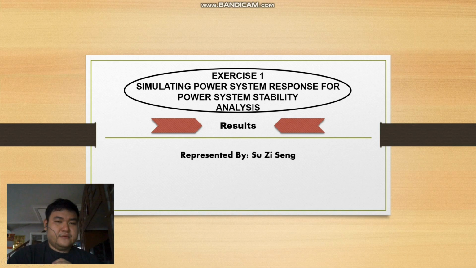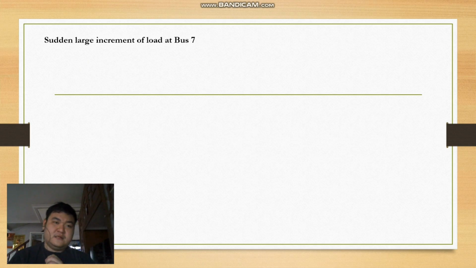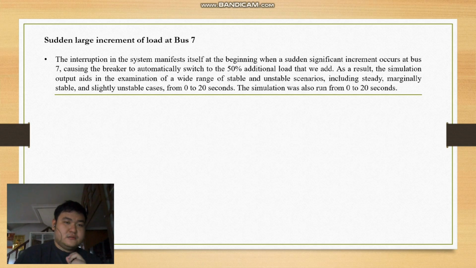Now, let me continue with the results for our exercise 1. The first one is a certain large increment of load at bus 7. The interaction in the system manifests itself at the beginning, and a certain significant increment occurs at bus 7, causing the breaker to automatically switch to the 50% additional load that we add.